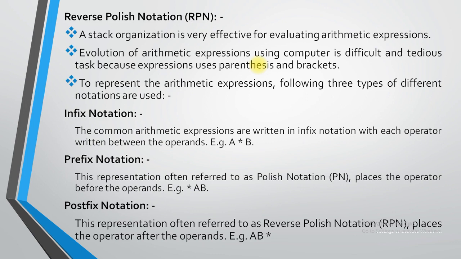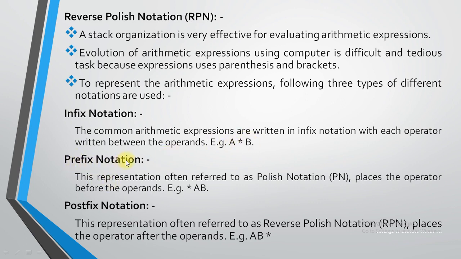The first notation is known as infix notation, which means the common arithmetic expressions are written in infix notation with each operator written between the operands. A and B are known as operands and multiplication behaves as an operator. So I have written multiplication in between two operands.